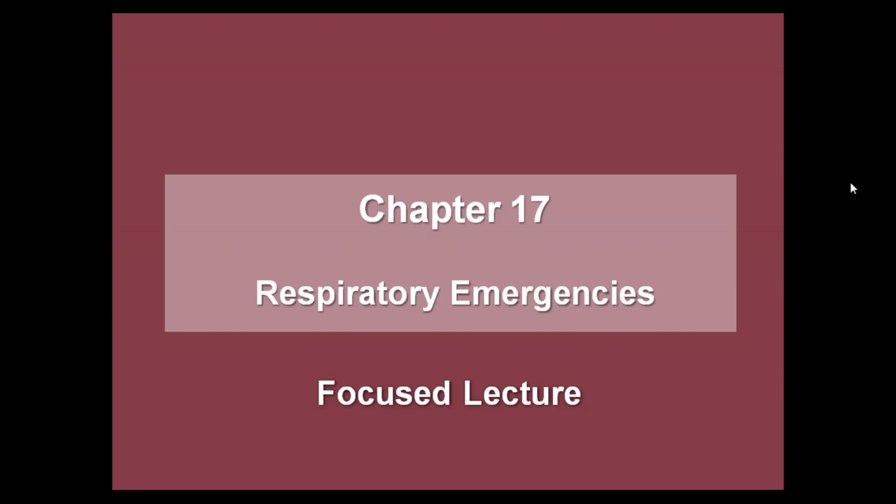So chronic bronchitis is an obstructive pulmonary disorder characterized by excessive mucus production in the lower respiratory tract. It's got to last for at least 3 consecutive months of the year for 2 consecutive years.